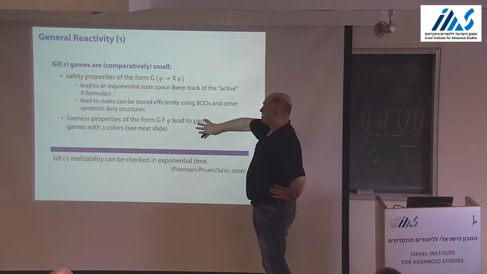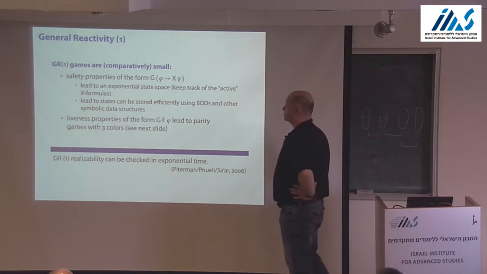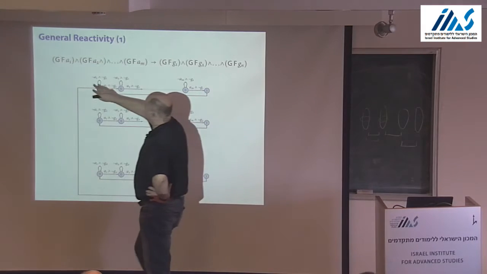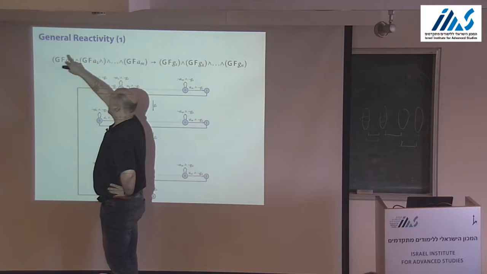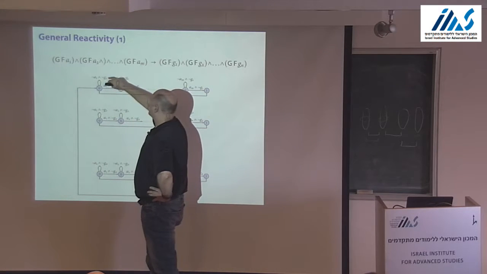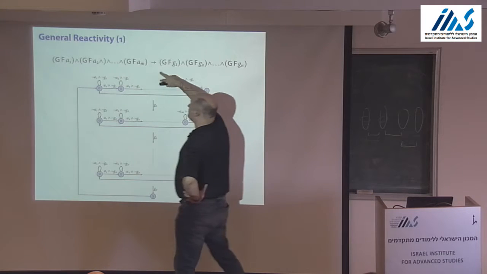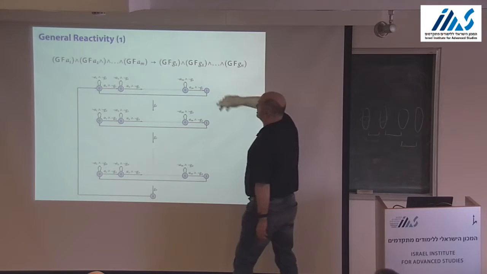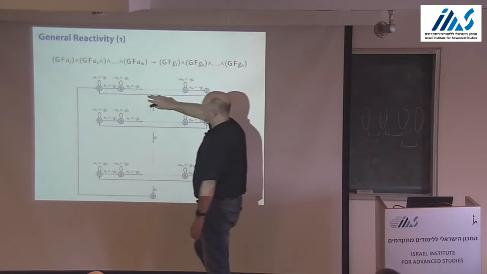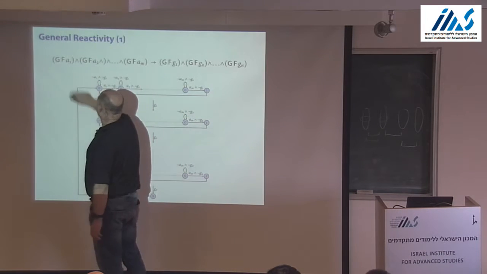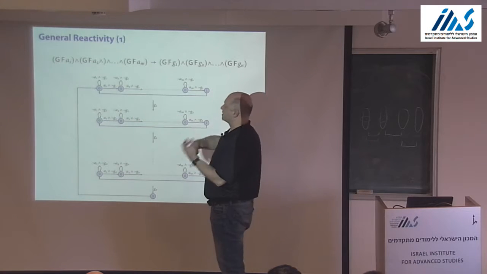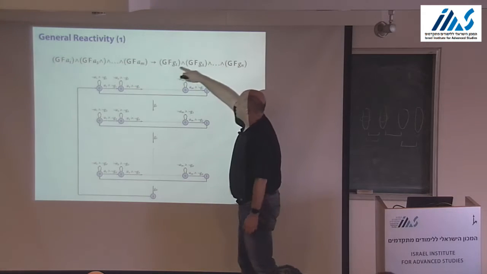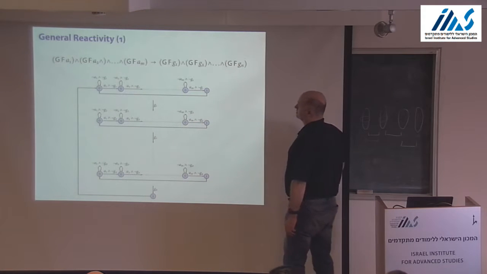So briefly about this point that we get parity games with just 3 colors. We have liveness specifications of this form: infinitely often A1 and infinitely often A2. This is a typo, of course, it should imply that infinitely often G1 and infinitely often G2 and so forth. So we have a set of assumptions that if all of them occur infinitely often, then all of the guarantees happen infinitely often.